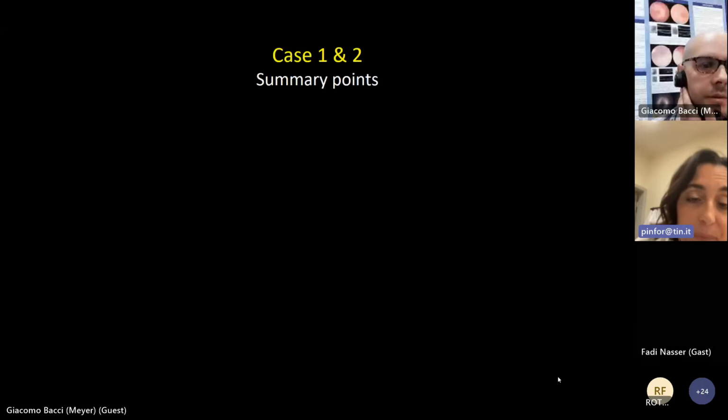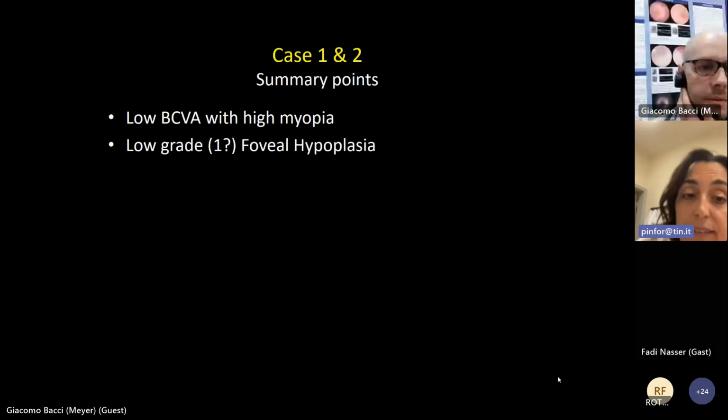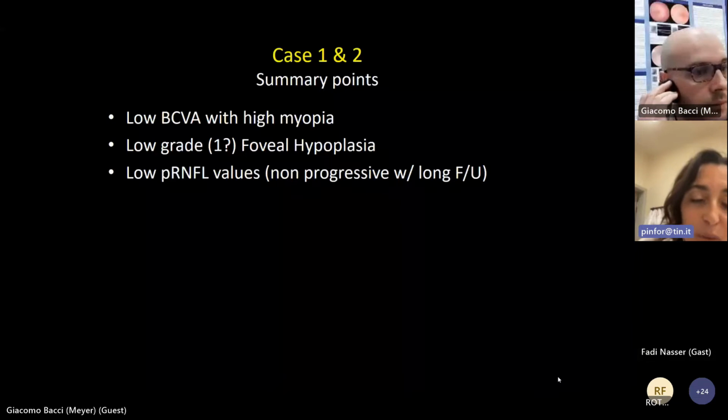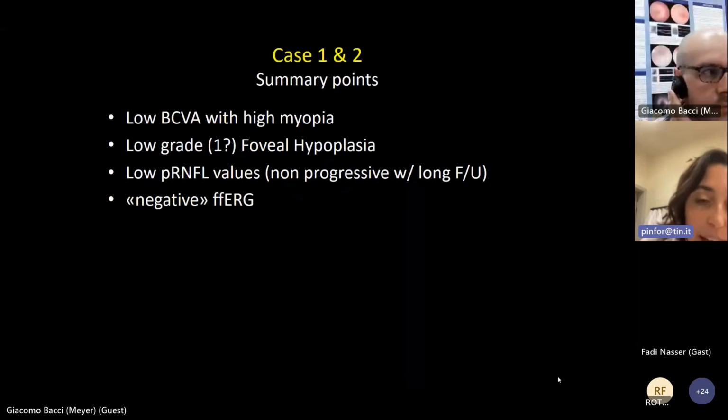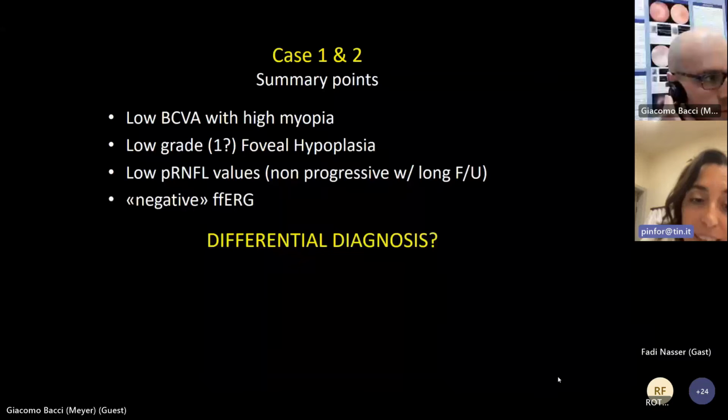In summary, the points of these cases are low visual acuity with high myopia, second, low grade of foveal hypoplasia, also low values of RNFL, and at the end, a negative full field ERG.